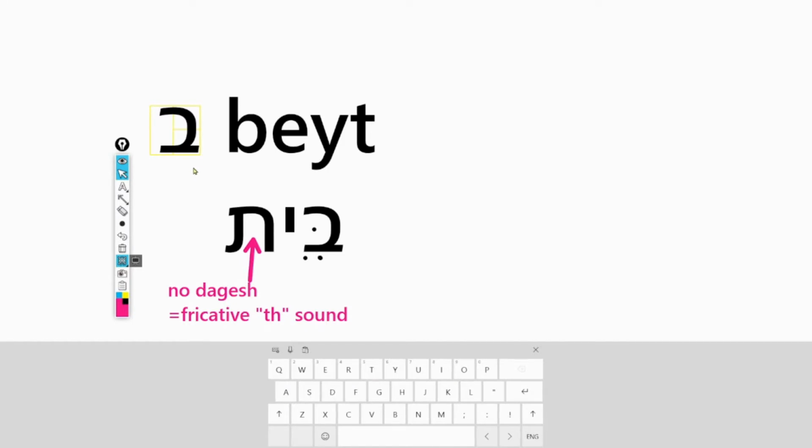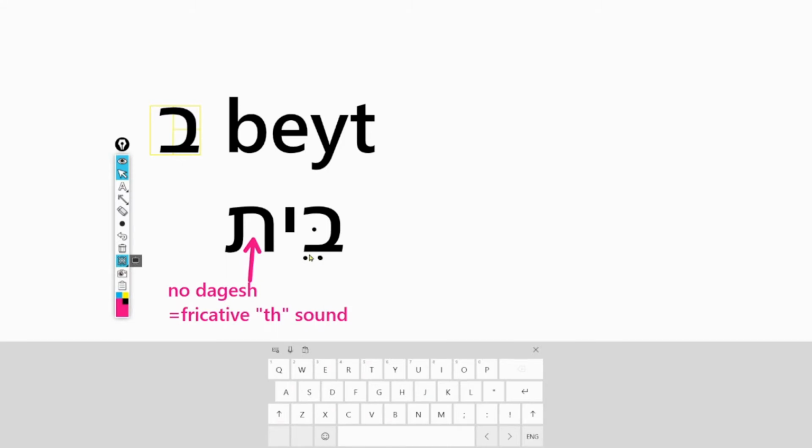So this tail is really important. And let's look at the way that Beyt is spelled. It's B-Y-T, Yod and Tau. The Beyt has a dot in it, a dagesh, so that makes it the plosive sound. So it's the B sound, not the V. So it's ba, ba.